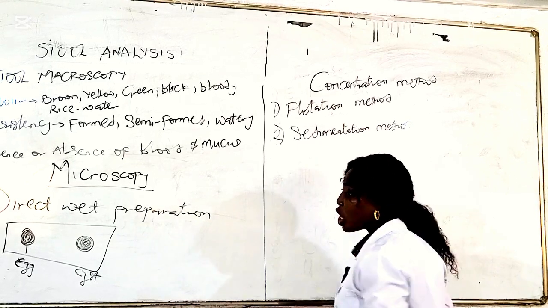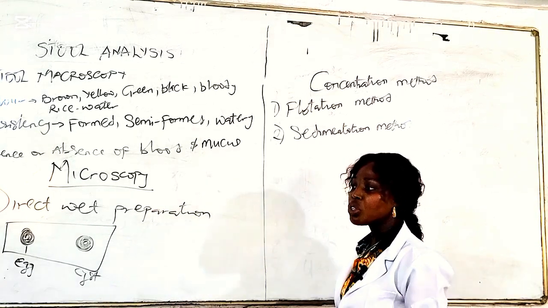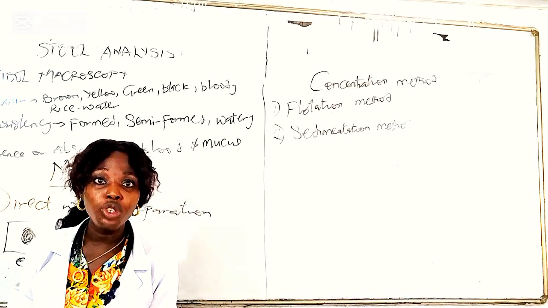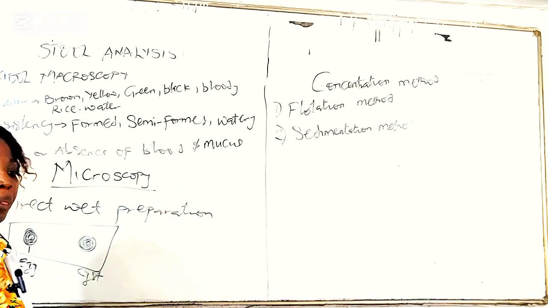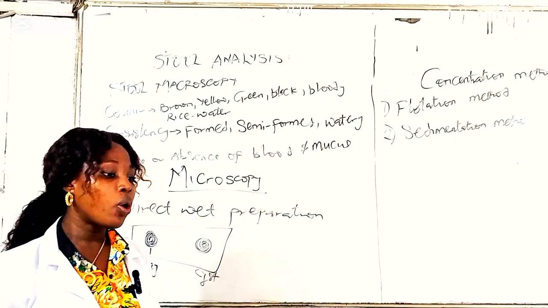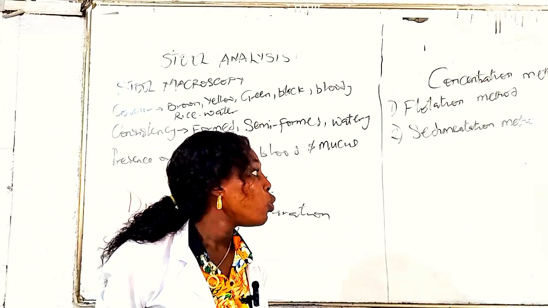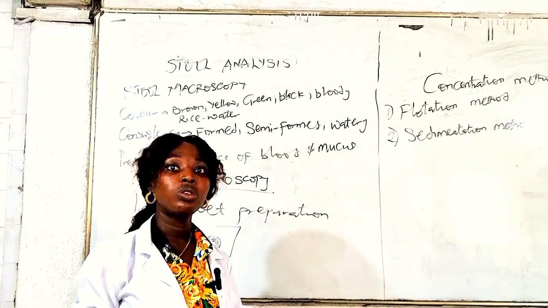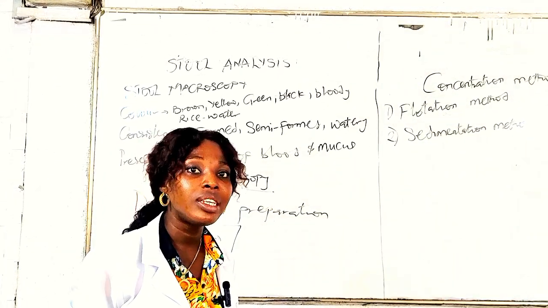Now, for the flotation method, we have different types of solutions. We have standard solutions, of which you know the concentration. So in this flotation method, we use brine solution, which is a saturated solution.